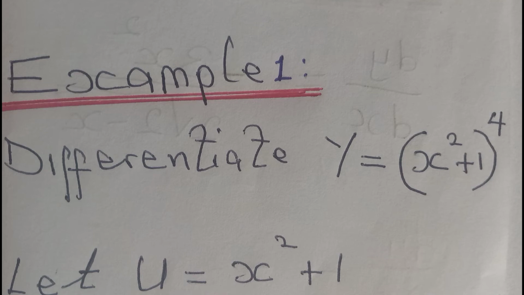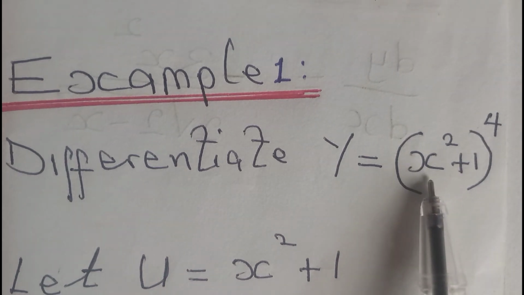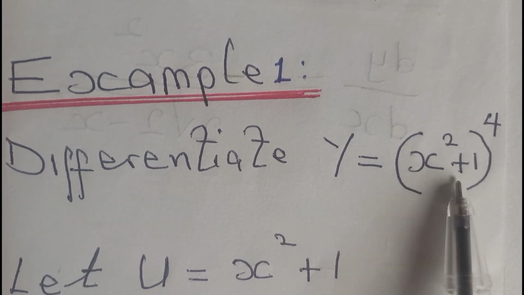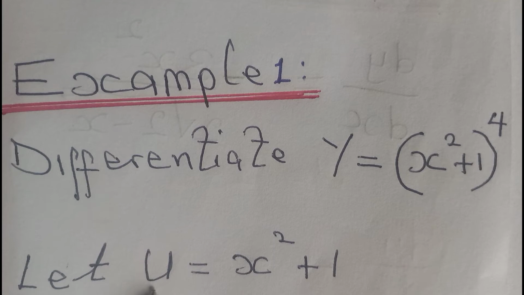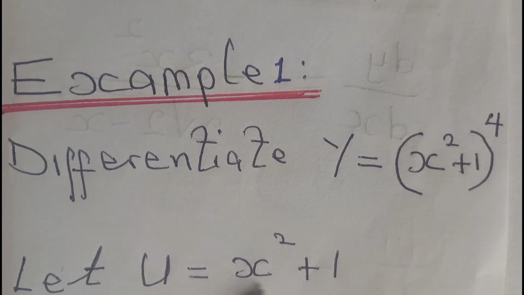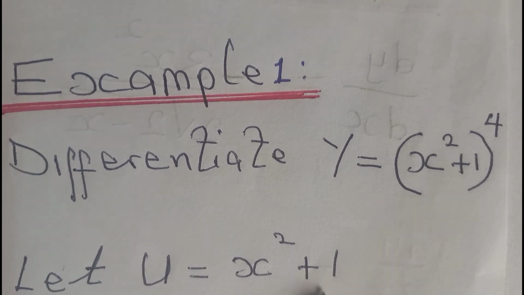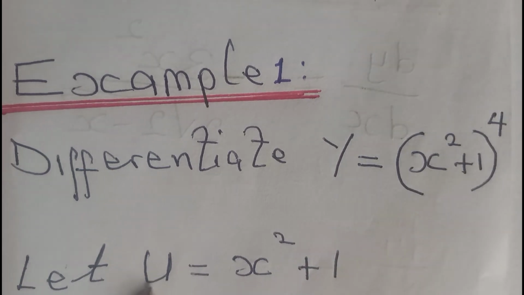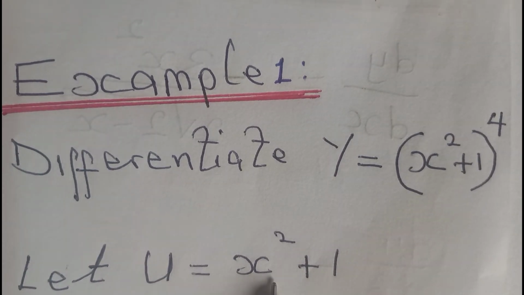What then is the procedure for chain rule? Just pick a new variable of your choice and equate it to the content of this bracket. For me, I like using u. I can now say let u be equal to x squared plus 1, which is the content of this bracket. Next, differentiate this with respect to x.